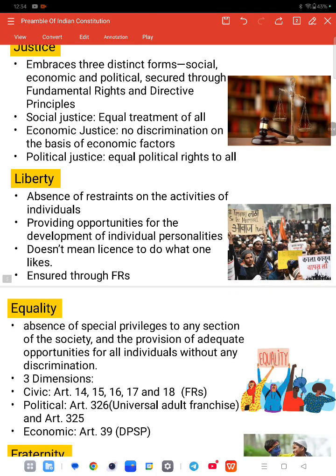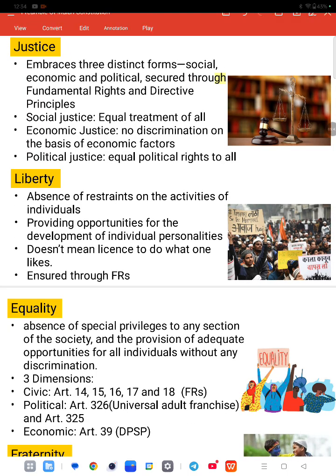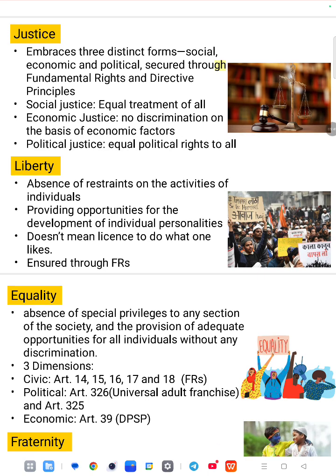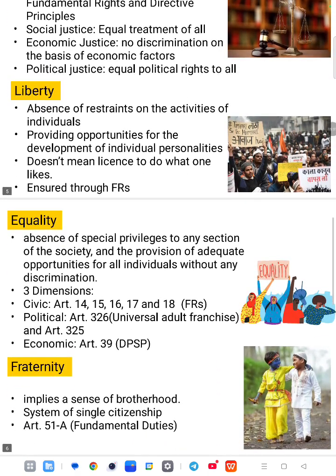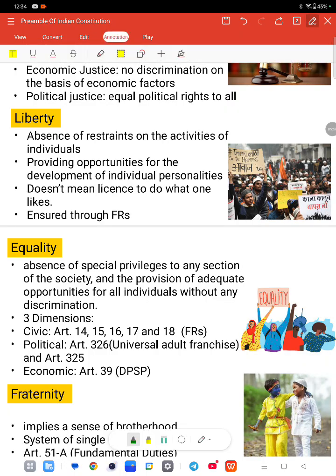There are three forms of justice: social, economic and political, secured through fundamental rights and DPSP. Social justice is equal treatment of all, economic justice is no discrimination on the basis of economic factors, and political justice is equal political rights to all.